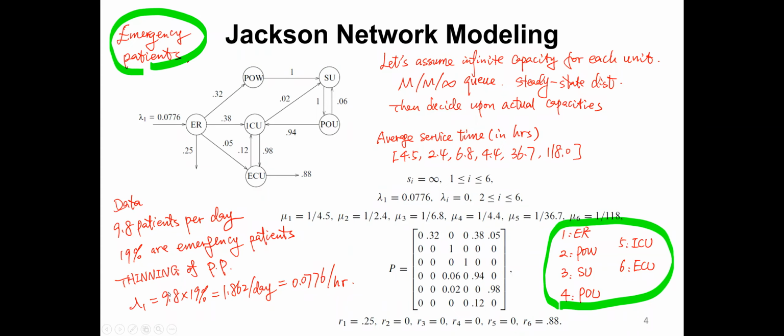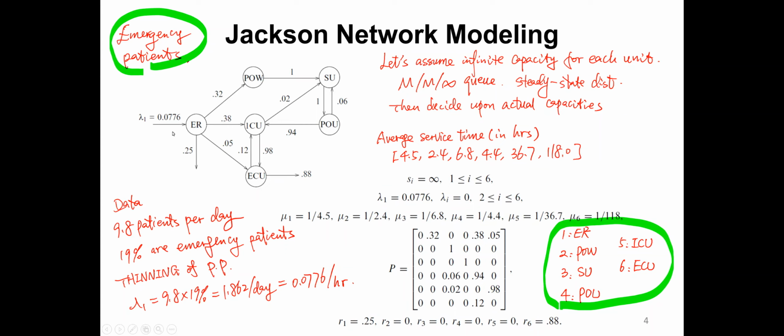So the arrival rate for emergency patients will be 9.8 times 19%, which is about 1.862 per day, that's 0.0776 per hour. Okay, so 25% get discharged from the ER directly, and there are 75%, that is 32% go to pre-op, 38% go to ICU, and 0.5% go to the extended care unit.